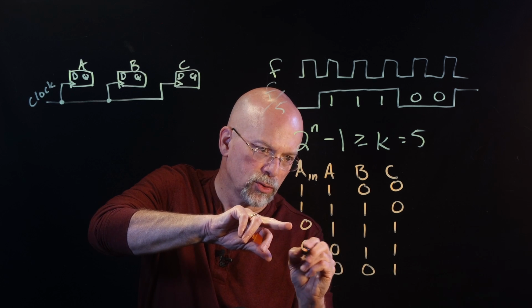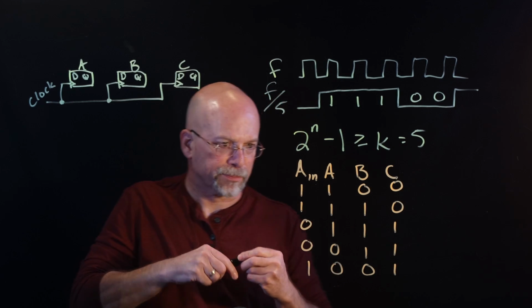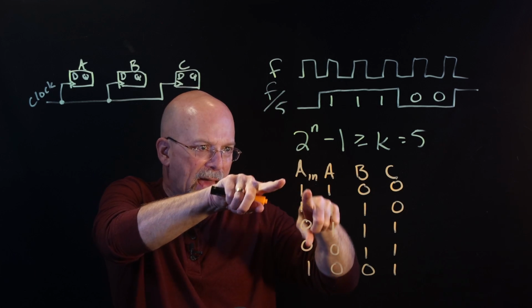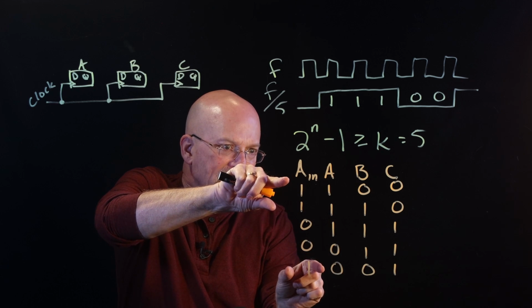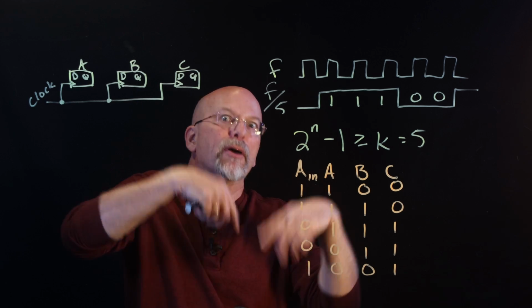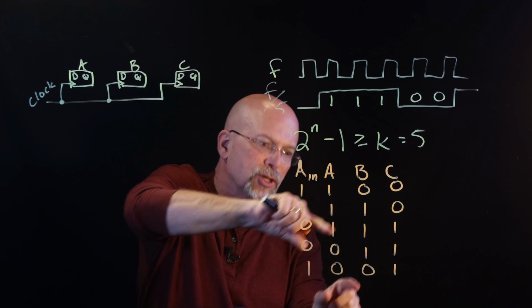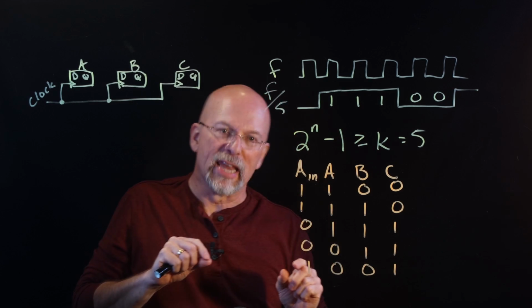Then we have 2 zeros and this 1. And so really what we're looking at is these values of A in are what need to be present at the input of A before the clock cycle happens so that they can get moved in on the next shift.